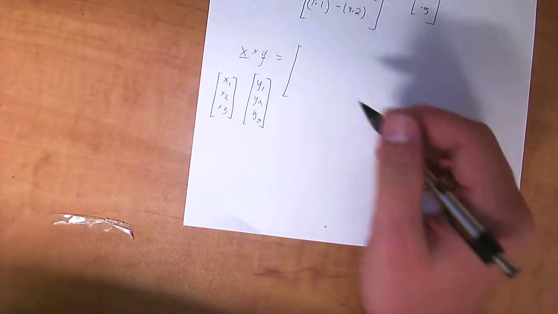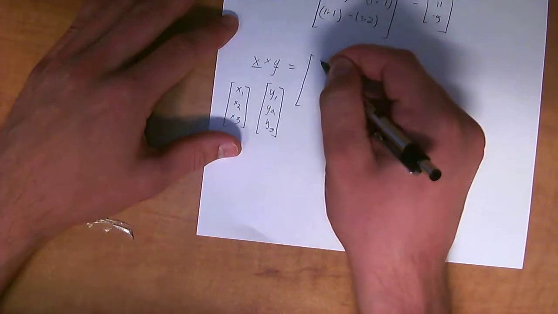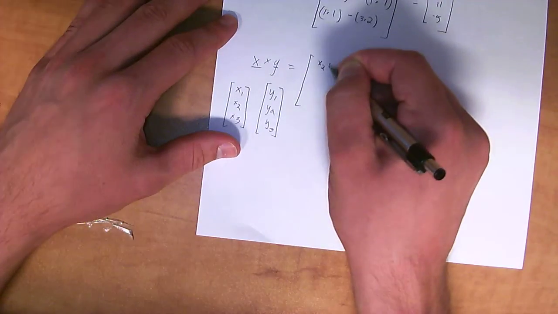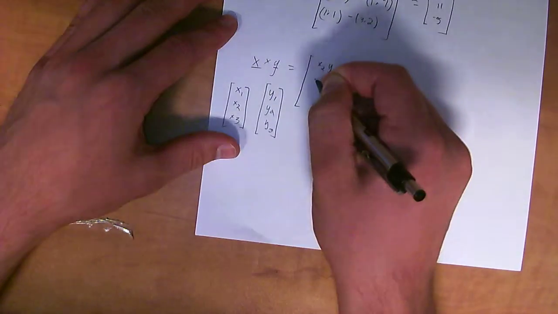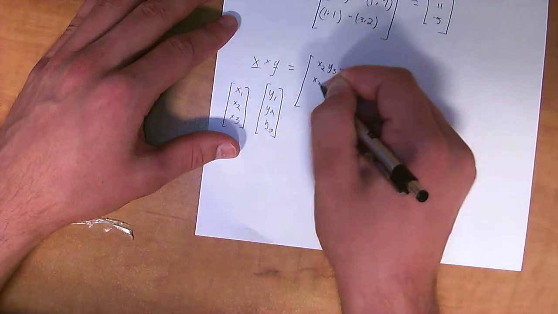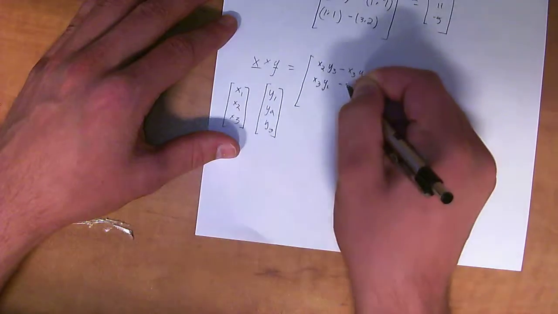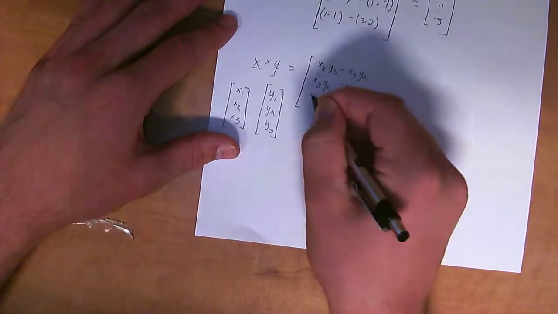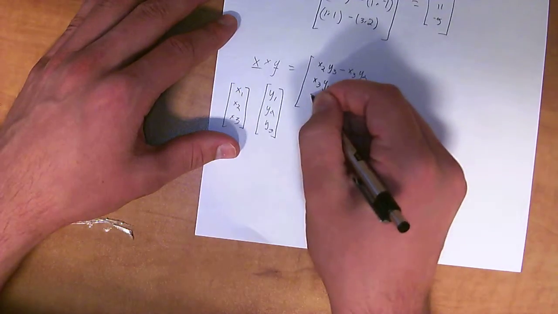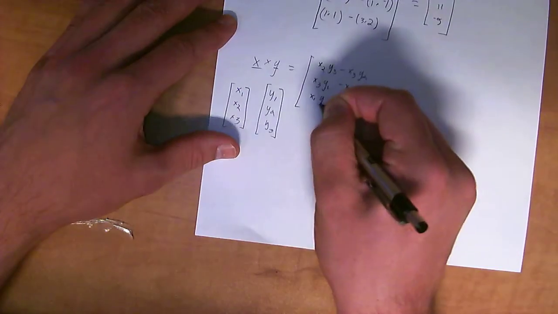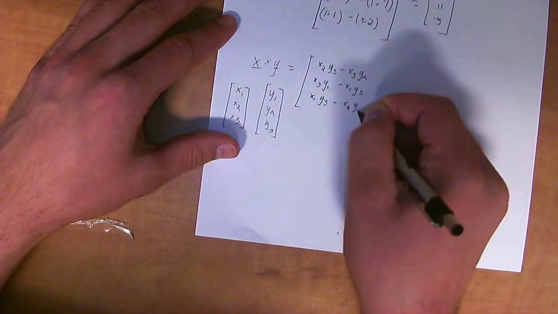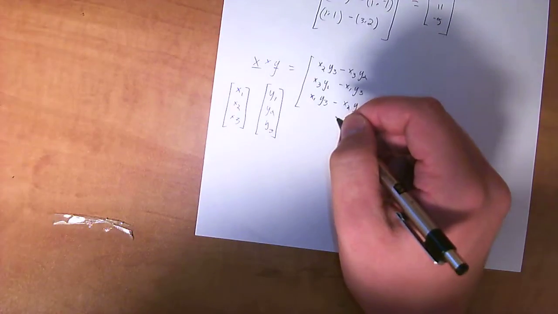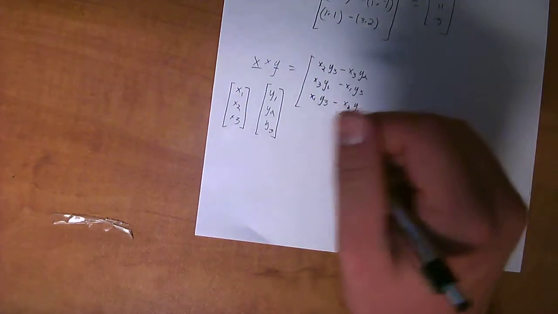So x cross y is: x2 y3 minus x3 y2, and then x3 y1 minus x1 y3, and then x1 y2 minus x2 y1. So that's basically how you go about it.